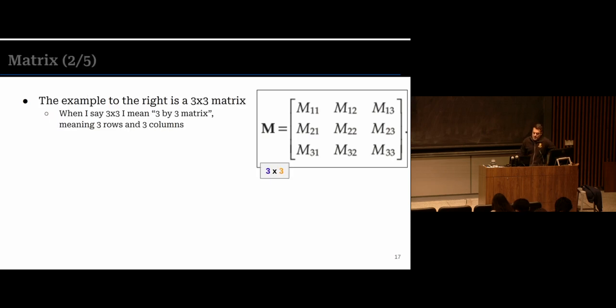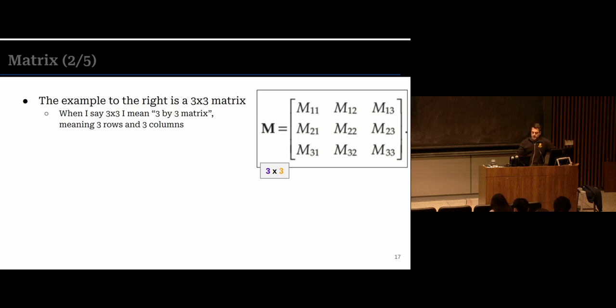Okay, so just some notation, to be clear, when I'm talking about a matrix here, this is a 3x3 matrix. So that means 3 rows by 3 columns. And for those of you who can see the colors, I have a little bit of color coding here, so you can see blue and orange. I'll do that on a few slides, just so you can understand row and column, because it could flip.